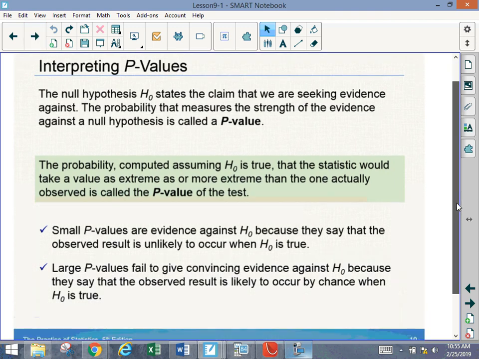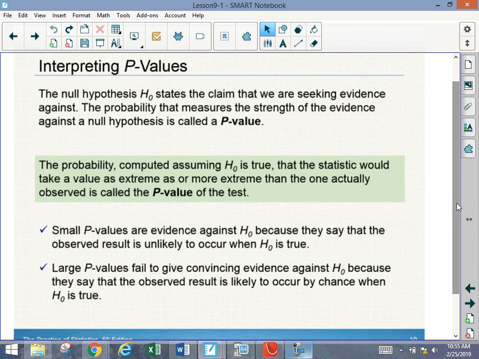And the way that we're going to do that is we're going to get a p-value. So we're going to perform some statistical calculations and we'll get an actual probability. If our p-value is extremely low, then we will reject the null hypothesis.